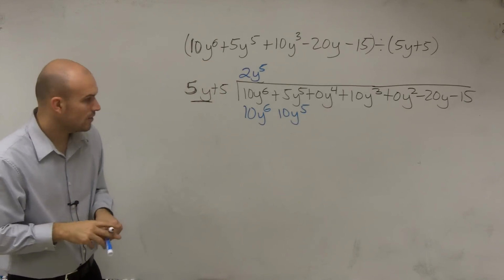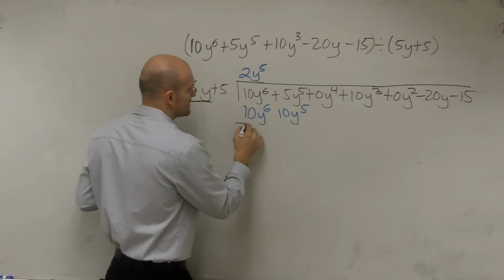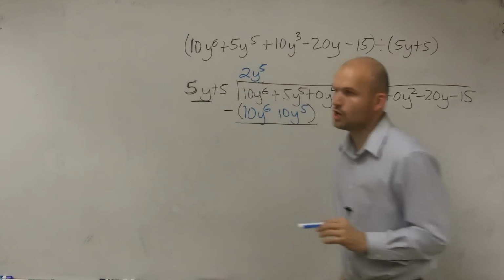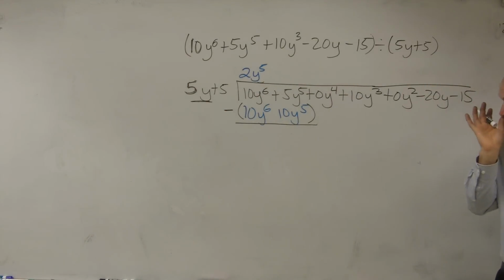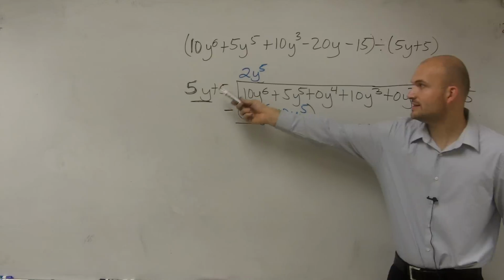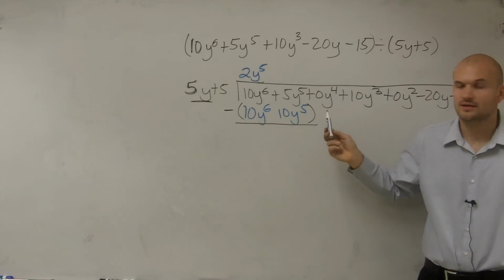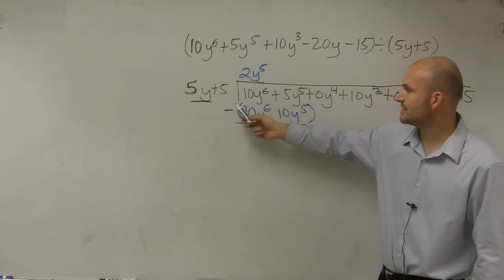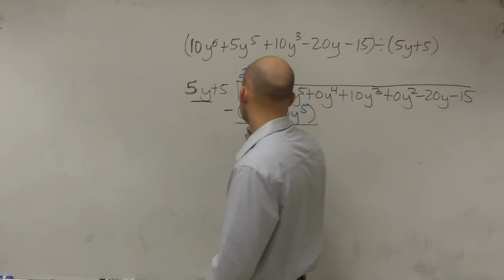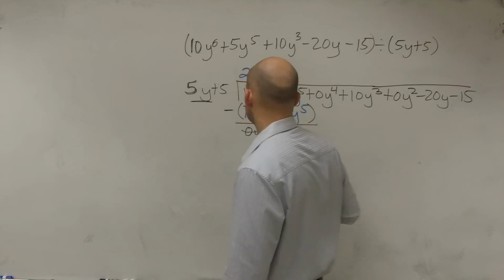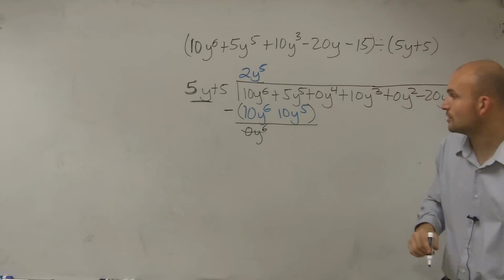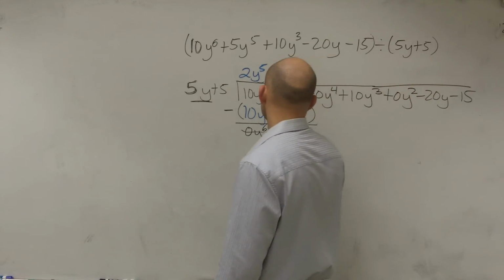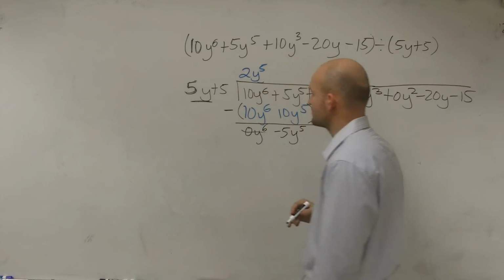Now remember, you subtract the whole row. You multiplied this times both those terms, and now you subtract the whole row. So 10y to the 6th minus 10y to the 6th is 0y to the 6th, which is 0. 5y to the 5th minus 10y to the 5th is negative 5y to the 5th.